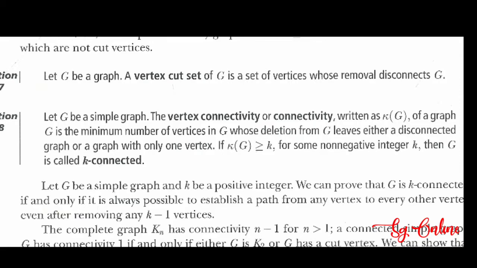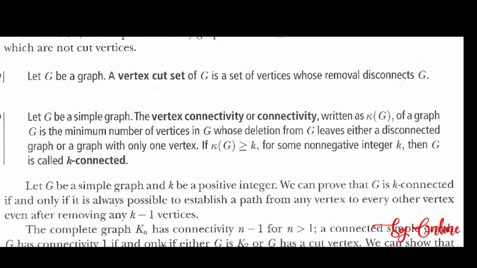Now there is a very important parameter of a graph, and this parameter is the connectivity, or more precisely the vertex connectivity, denoted by kappa G. Kappa G is the minimum number of vertices in G whose deletion from G leaves either a disconnected graph or a graph with only one vertex.